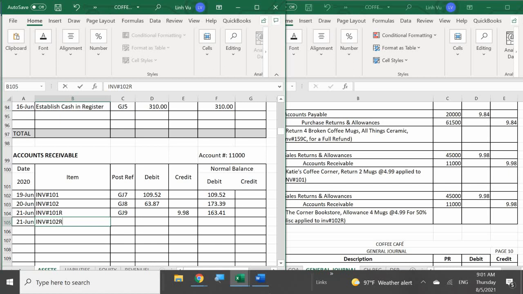No. In this case, we would have to follow the same lines here. If I'm going to do a return in here, I cannot adjust that one. That one's already in the books. I would have to manually enter subtracting out that $9.98, and then on my subsidiary ledger, that's where I can actually make my adjustment. But in this case, no, you have to keep it the way it is.